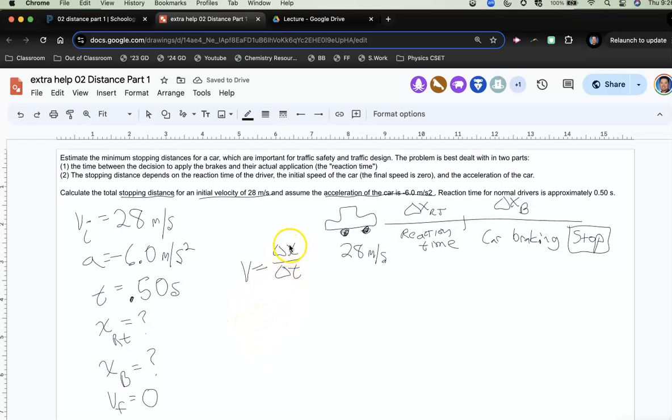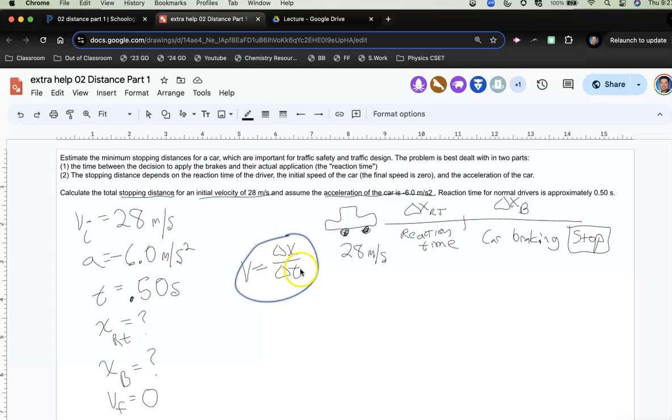All right, we need to solve for X. So let's go back to Caleb. Caleb, how do I get X by itself? Because I want to find X for this first one. So I want to find what X is for RT. How do I move this to that side? What kind of math should I do?